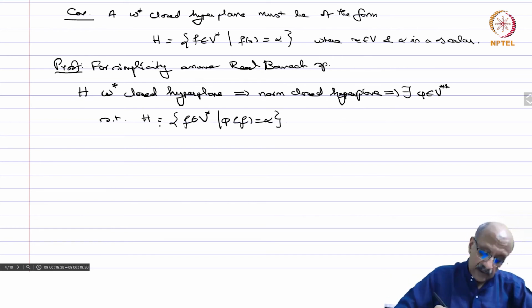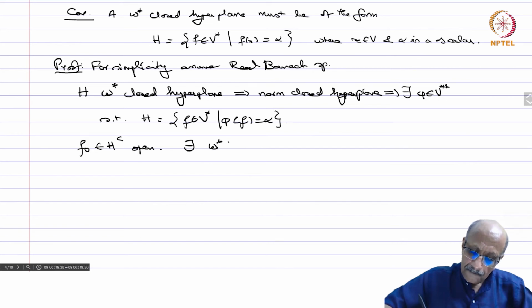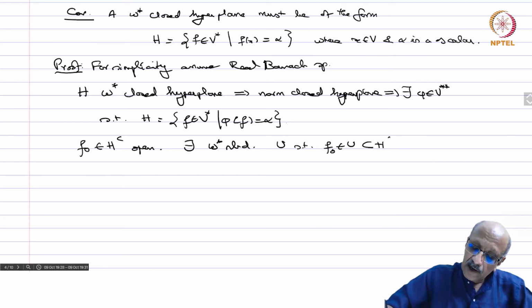Okay, so now let us assume f0 belongs to H complement, which is now open. So there exists a weak star neighborhood U such that f naught belongs to U, and that is completely contained in H complement. So what does U look like?